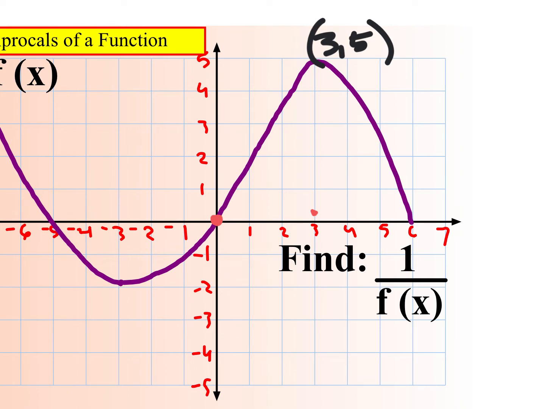Remember me saying that when you flip something that's really small, you get something really big? Would you agree that 0 is the ultimate really small thing? Yeah, it is. And 1 over 0 is the ultimate really big thing. It's like infinity.